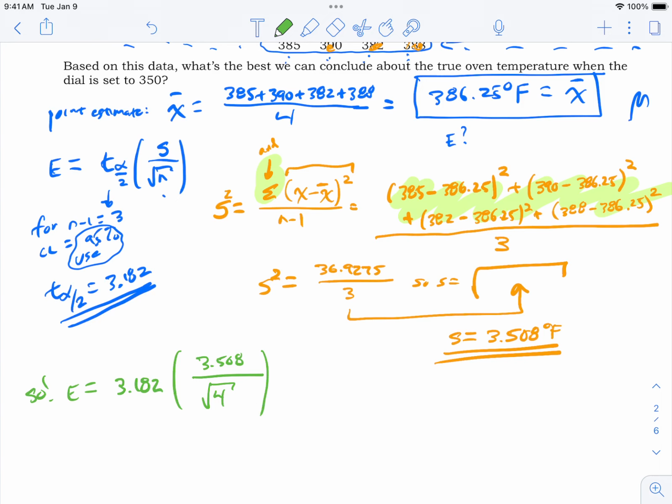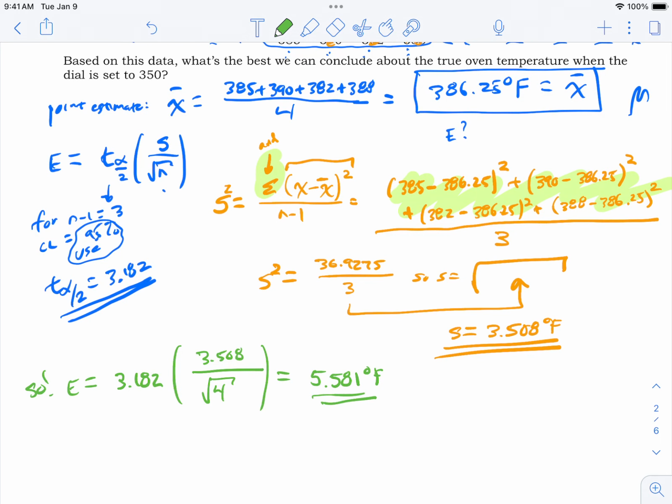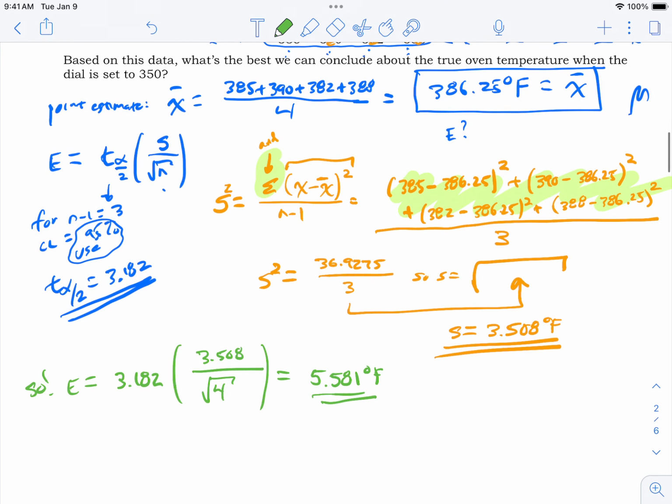Make sure you plug your stuff in carefully. Make sure you get exactly the same result as me. I'm getting here E is equal to 5.581, and this would all be degrees Fahrenheit. That's the margin of error. So we measured a mean of 386, and here we're saying that the margin of error is like 5.5 degrees.